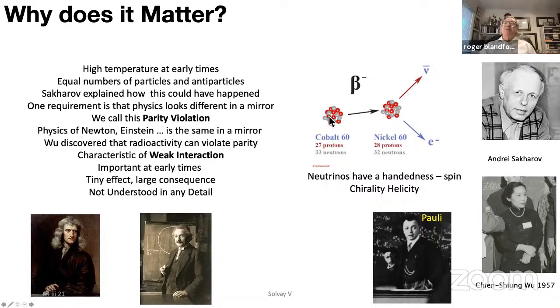She actually used the element cobalt, and in a very classic experiment was able to demonstrate that the physics had what we call a chirality to it, or sometimes we use the word helicity. It really is attributable to the particle called the neutrino, which was first invented, if you like, or proposed, I should say, by Wolfgang Pauli. This imposes a handedness on interactions that involve this weak process. So when there are neutrinos around, you're looking at a specific handedness.